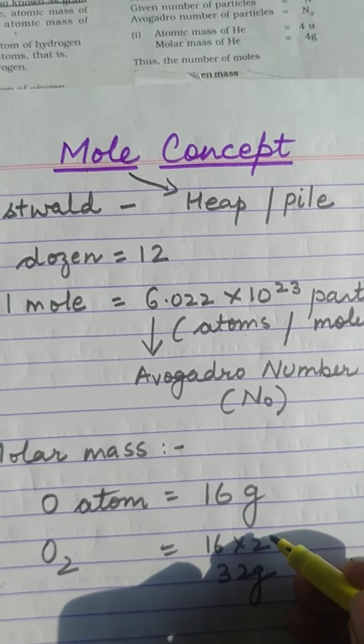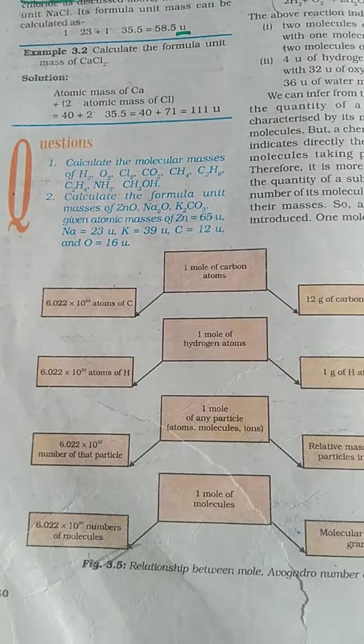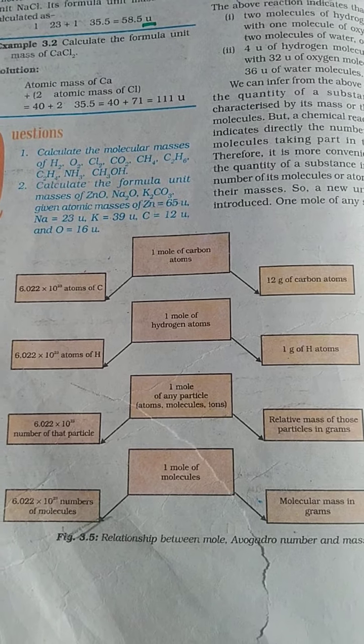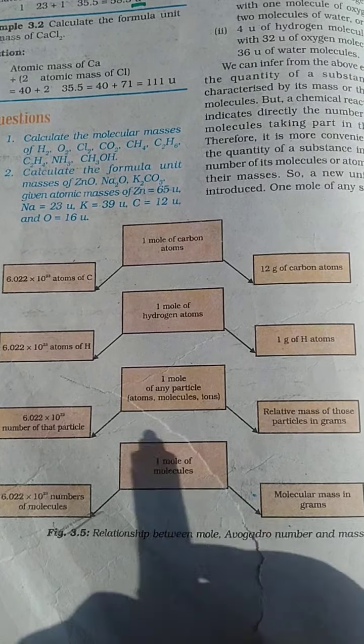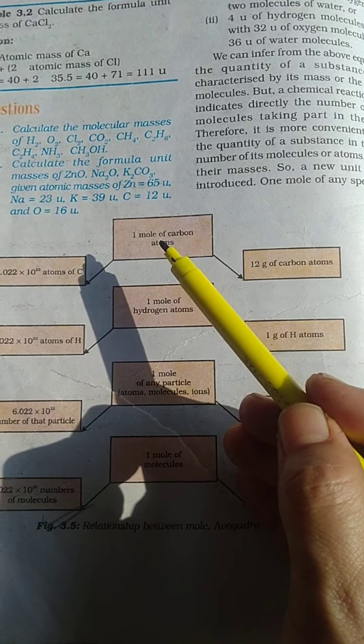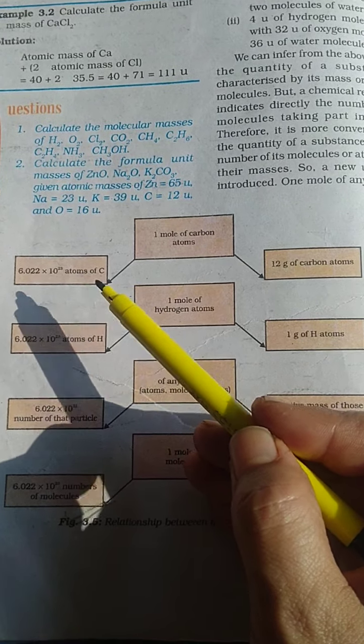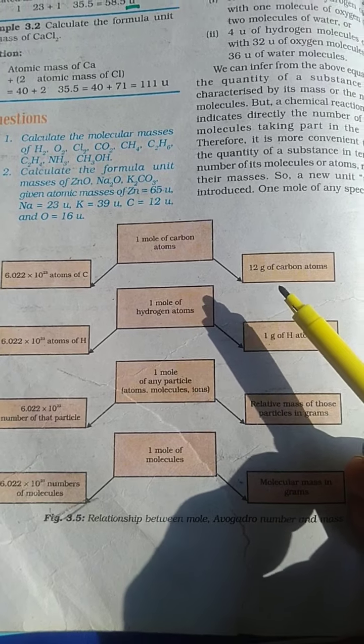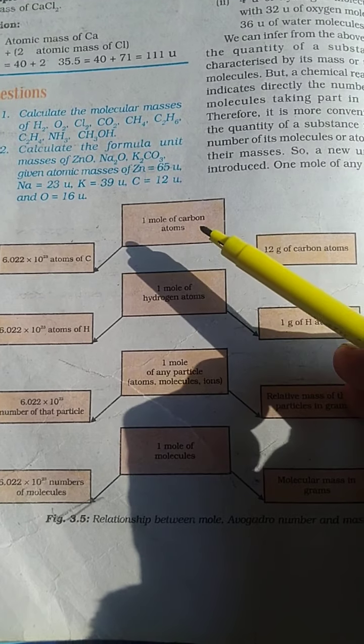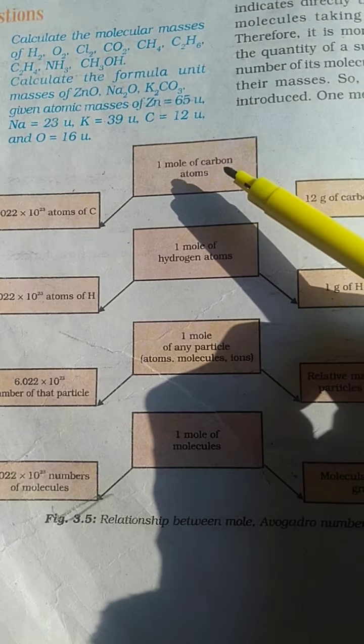But before that, take out page number 40. In this, they have shown the relationship between mole, number of particles and their mass. For example, we say 1 mole of carbon atom.